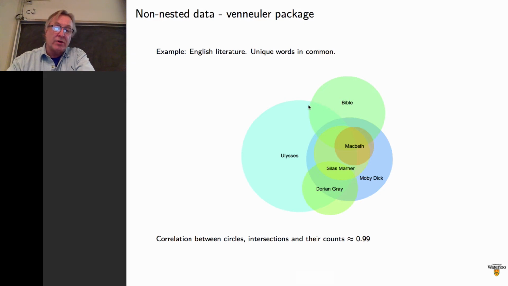So how many words there are that are both in the Bible and in Ulysses, but not in Moby Dick, right? So there, I've got an actual count, and there's a visual area here that can be measured. So when you look at this arrangement, it gets a correlation between those two measurements of nearly 1. So that's a pretty good representation.